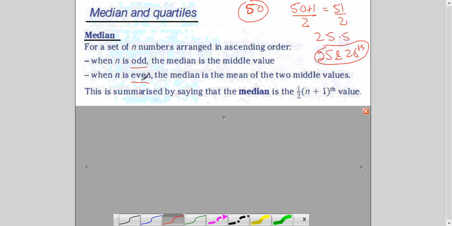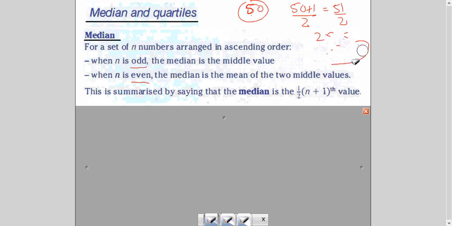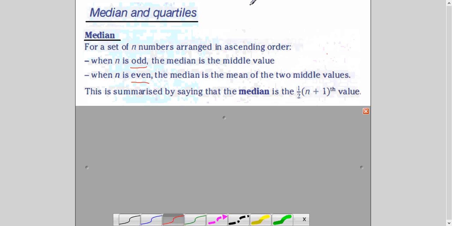Now let's see if I have an odd number of data. So let me take 49. For example, I have 49 values or answers of the students, right? Let me write here. So suppose I have 49 marks. So 49 plus 1, because according to this formula, you will add 1 to it, divided by 2. So it is 50 divided by 2, which is 25.